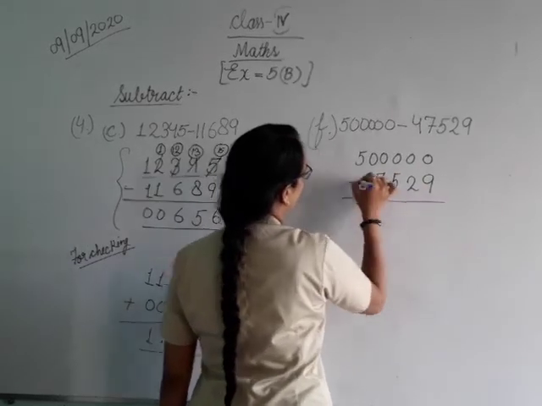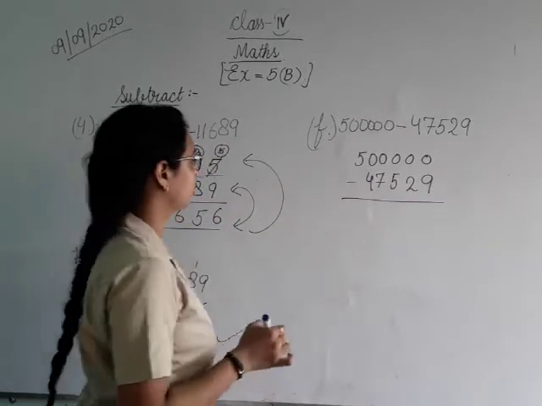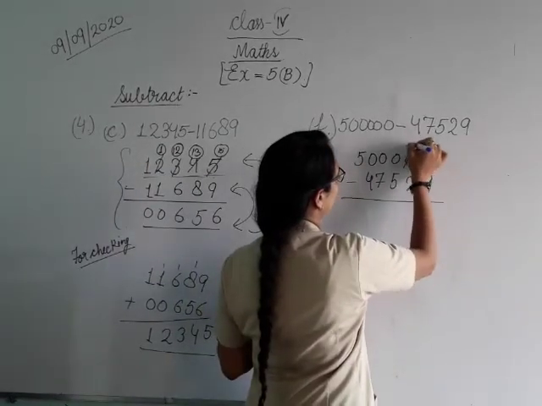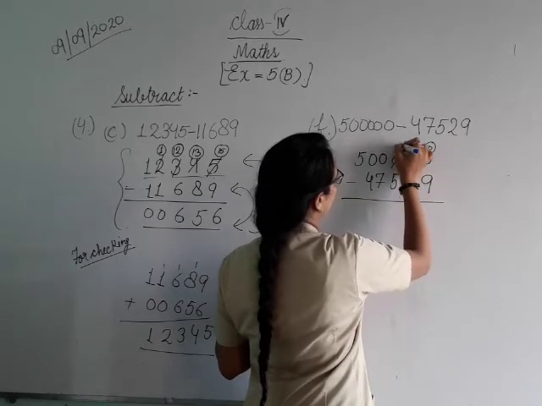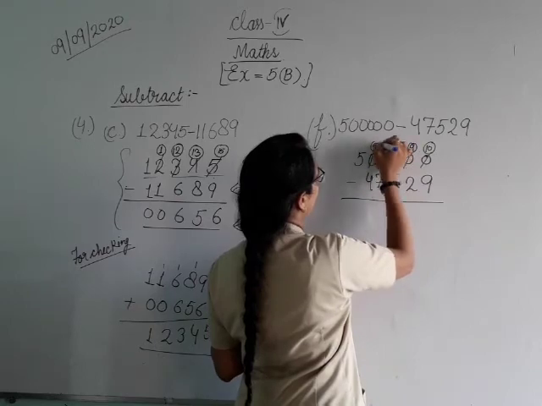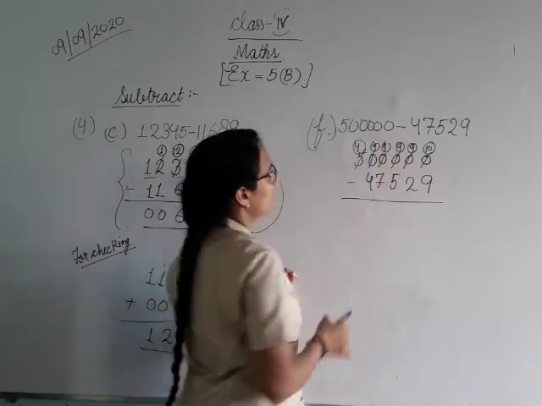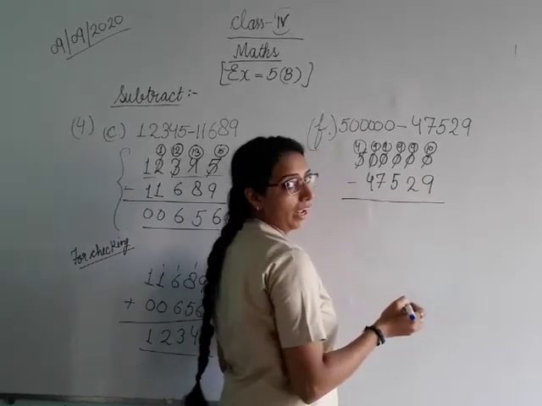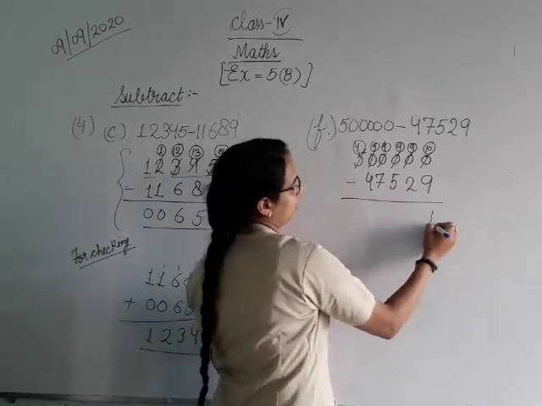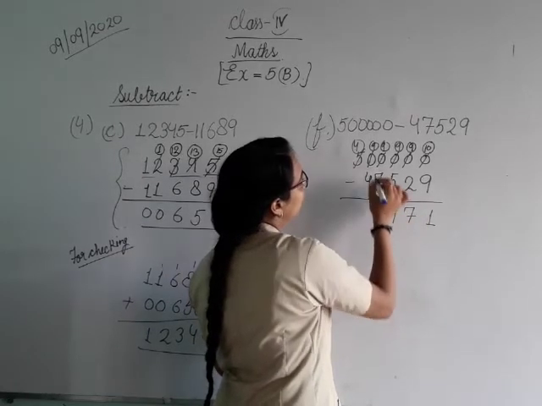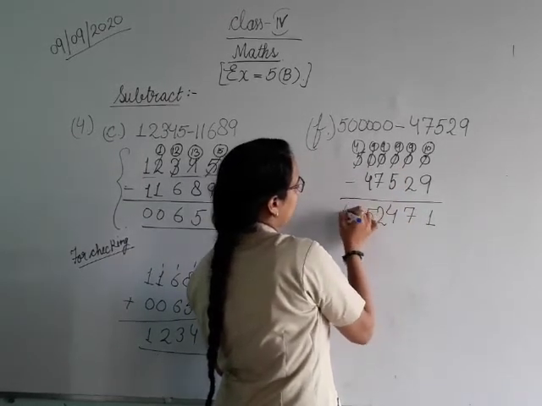Subtract it. First of all, after taking borrows, what will remain? We will write here 9, 9, 9, 9, and here also 9, and finally 4 is remaining. If we take 9 from 10, then 1. Then here will be 7, here will be 4, 2 and 5 and finally 4.